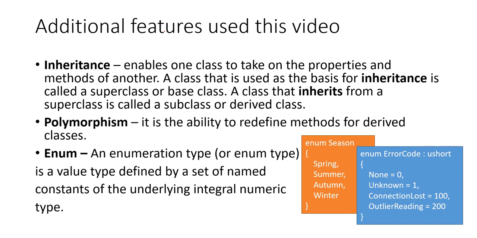So an enumerated type: a set of named constants with an underlying integral numeric type. It sounds very complex, but I like to think of it as giving a name to a number. We've got two examples here.